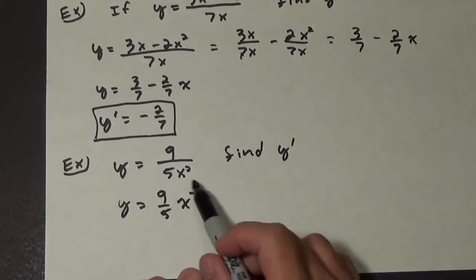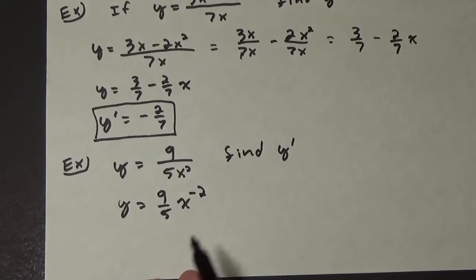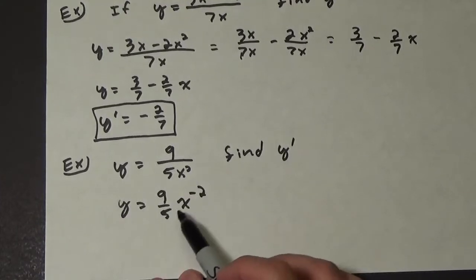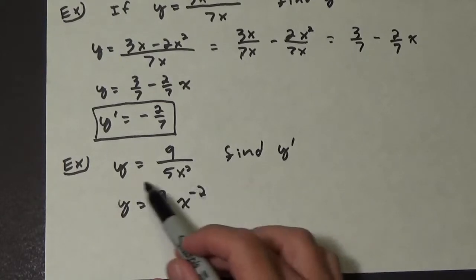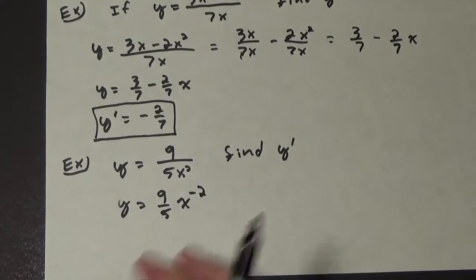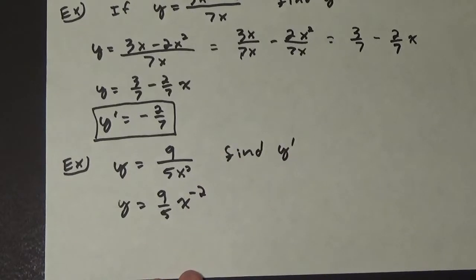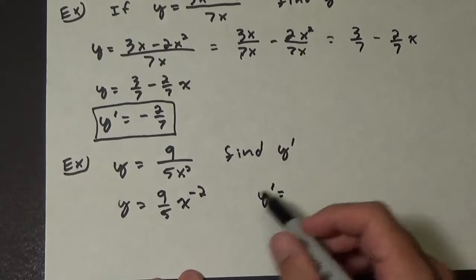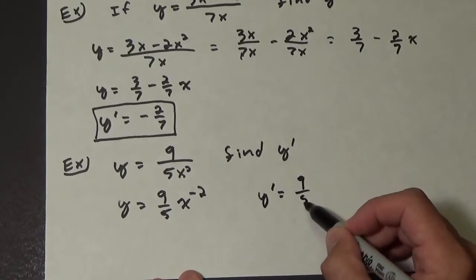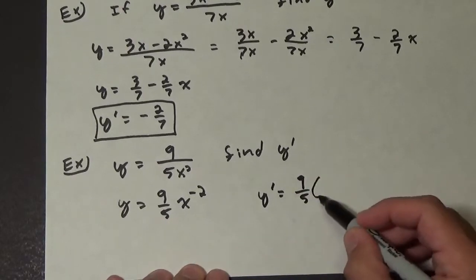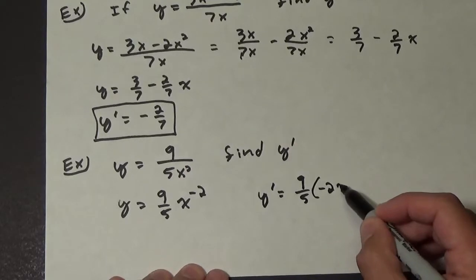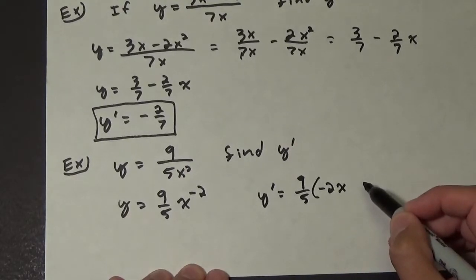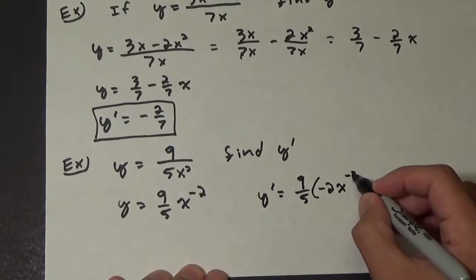And now this is a lot easier to take the derivative of. I mean, it's the same function, but because we rewrote it using a negative exponent, it's a lot easier for us to take the derivative of it. So then y prime becomes, okay, the 9/5 stays out front, and then we bring out the negative 2, so you get negative 2x, and then we subtract 1, negative 3.